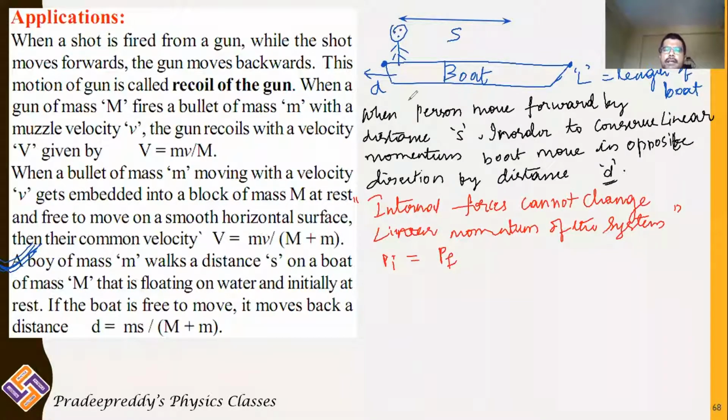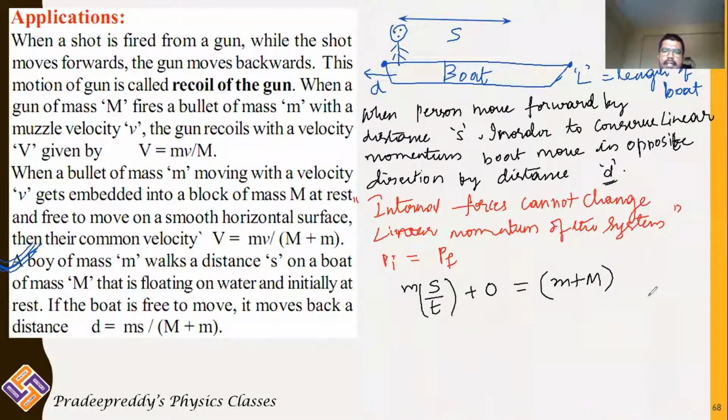So see here, this is where the person is in motion. I can write it as mass of the person into distance traveled by the person with respect to time taken. That is the initial momentum, plus the boat, which is initially in the rest position. This person starts to move and he travels a distance S in some time taken. That's what I am writing here. That is equal to, when finally both boat and person are combinedly moving, M plus capital M into the distance traveled by the boat with respect to the person.